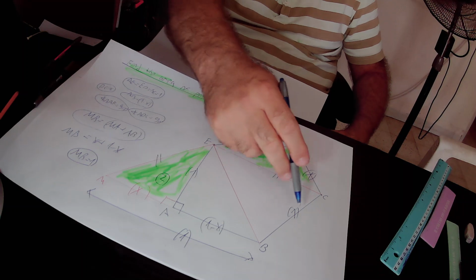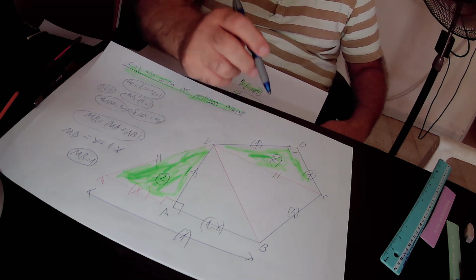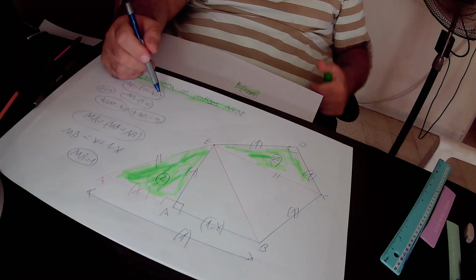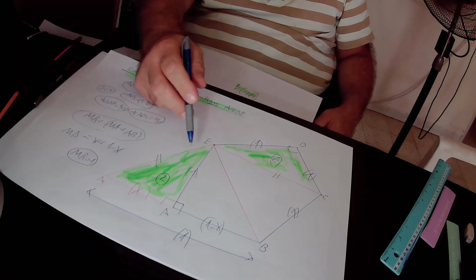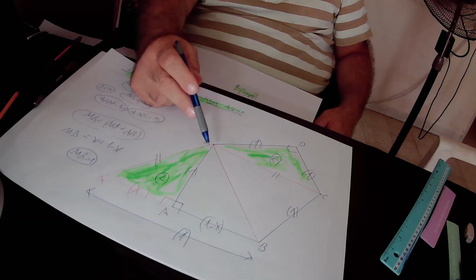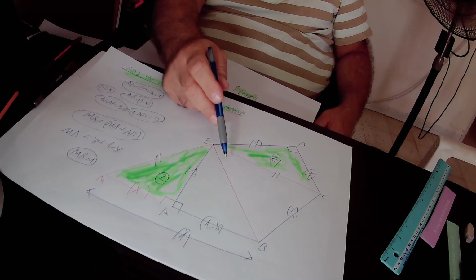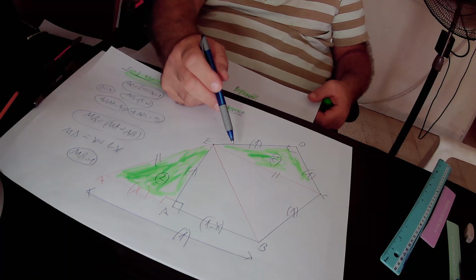This is triangle BEC, and its area equals 1 half. So the area of triangle MEB plus the area of triangle EBC in total will be equal to 1 half plus 1 half, that is 1.